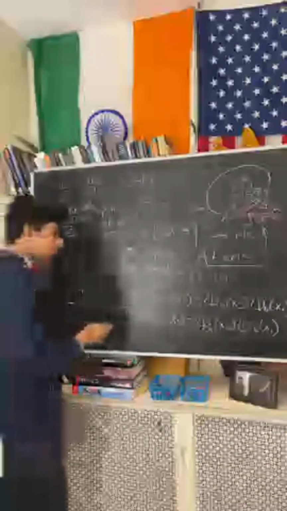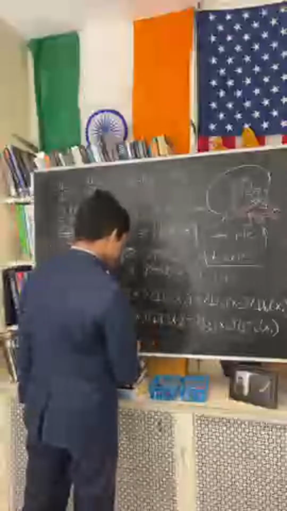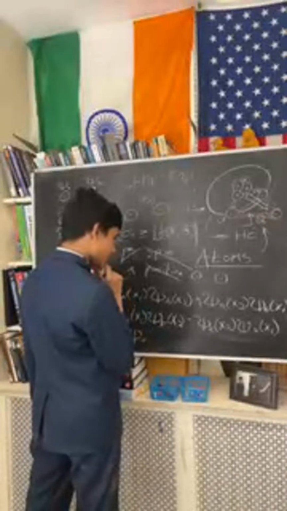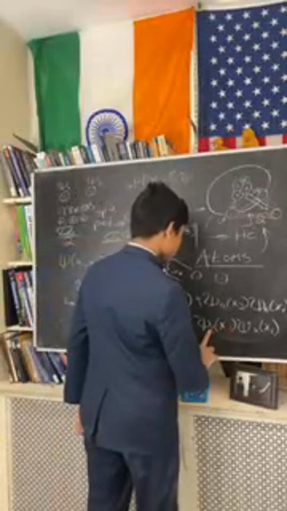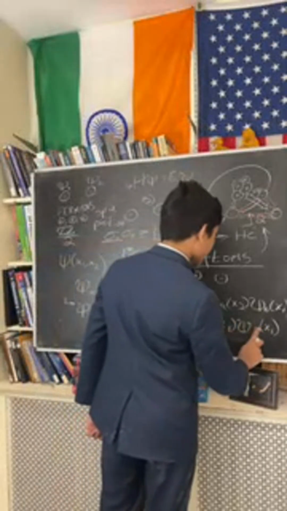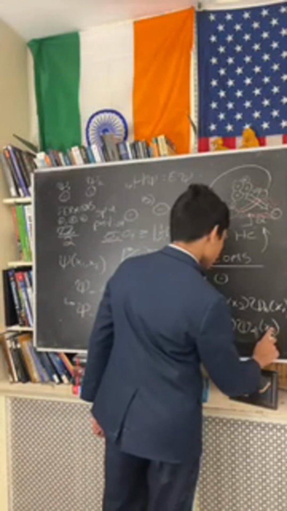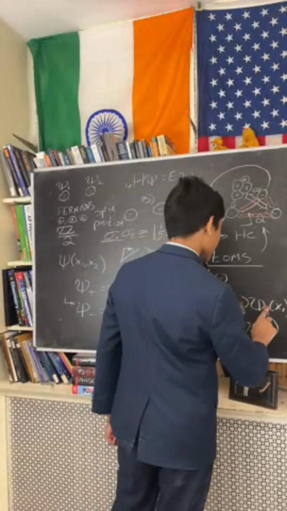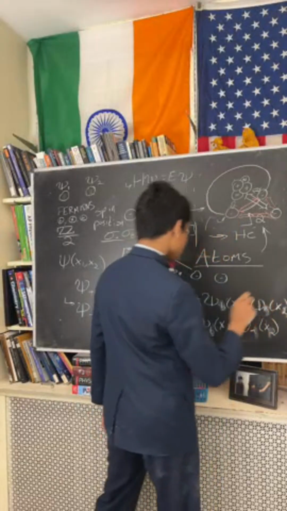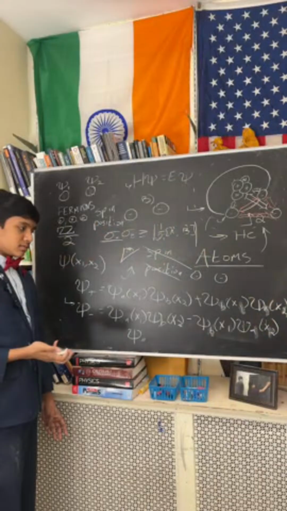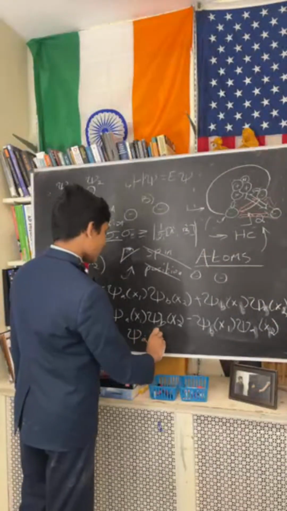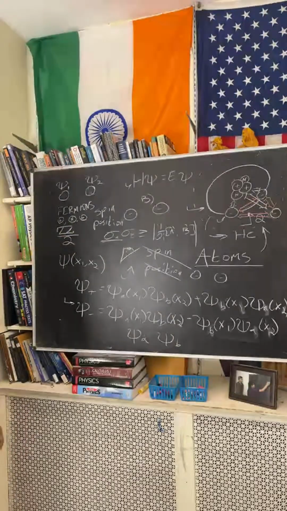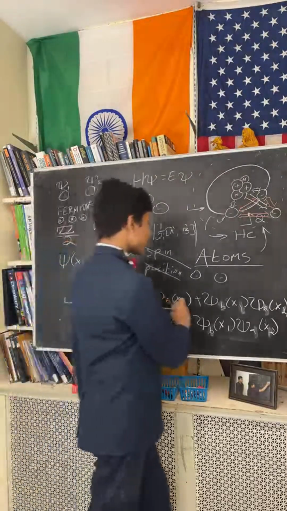If you have half spin, you identify with this wave function. Sorry, this should be psi b x1, psi a x2. I'm not sure how I messed that up. Now, if psi A and psi B are the same, that is, the two particles are in the same state, then for a boson that's totally fine.